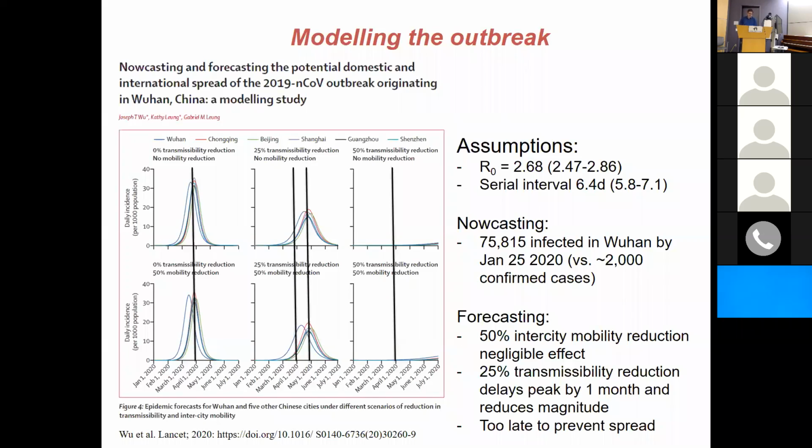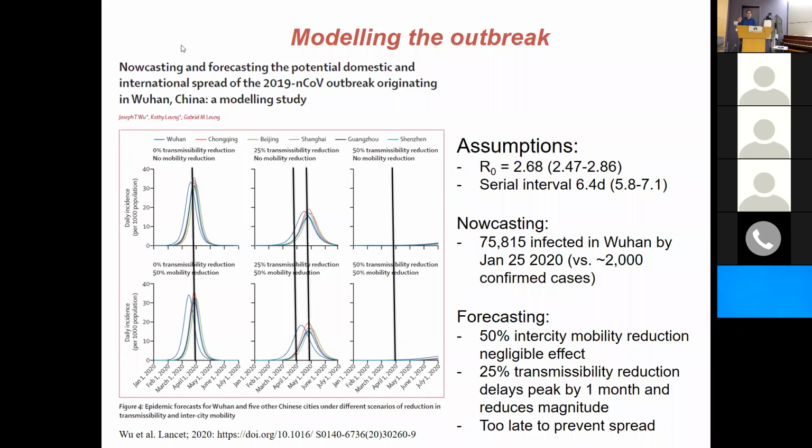In terms of forecasting, and those are the curves you see here on the left-hand side, you can see that for several cities the peaks were expected to be very close together.